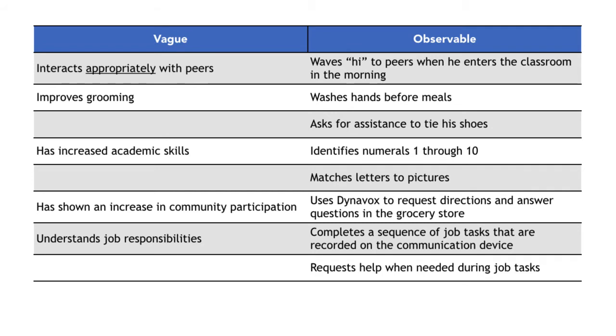The term appropriately may still be vague, so you can describe it like: wave hi to peers when he enters the classroom in the morning. So you can specify the situation and events clearly. Instead of saying improve grooming, you can say wash his hands before meals, ask for assistance to tie his shoes, right? So you can be very specific and use clear verbs.